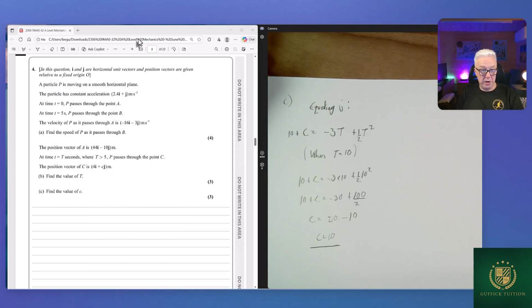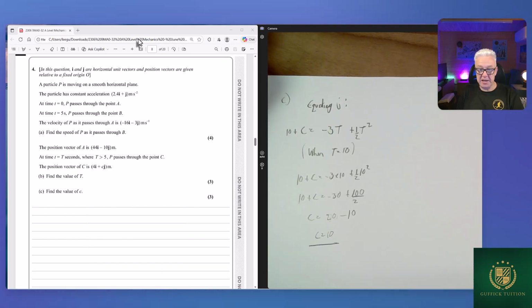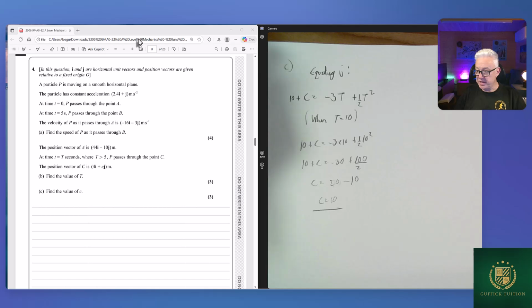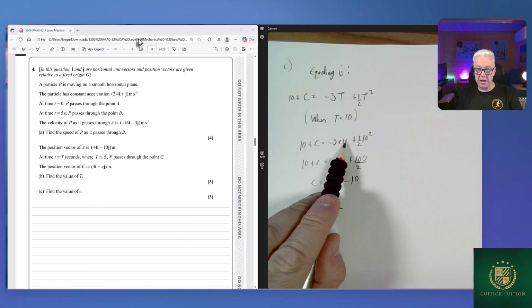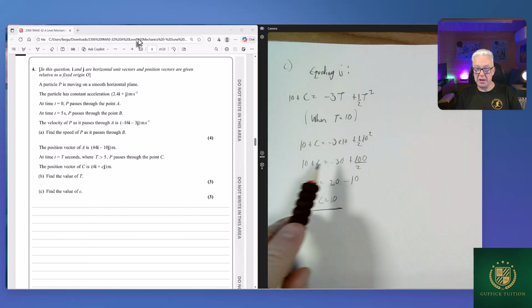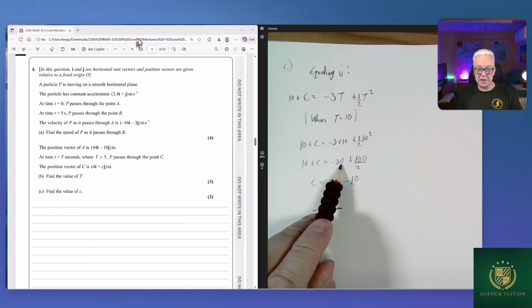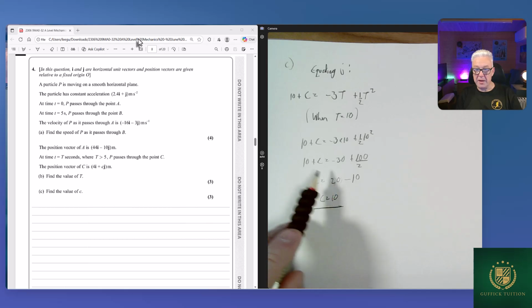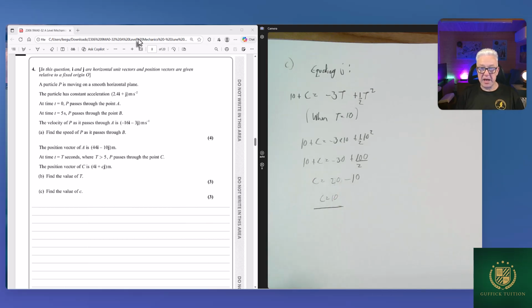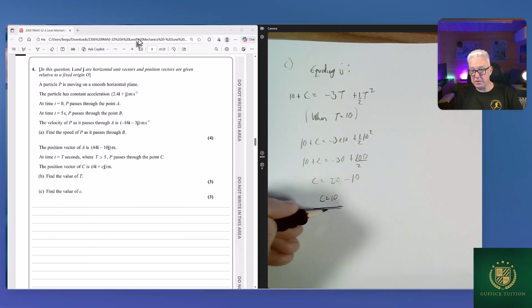We already know that the moment that this happens is when t is equal to 10, so we can sub 10 into that equation now, and that gives us 10 plus c is equal to minus 3 times 10 plus a half times 10 squared. So that gives us 10 is equal to c minus 30, and we've got 100 over 2, which is going to be 50, and 50 minus 30 is 20, and then we're going to take 10 off both sides, so that gives us c is equal to 10.